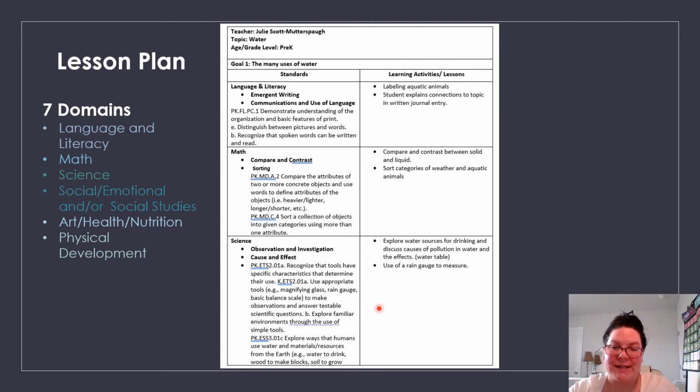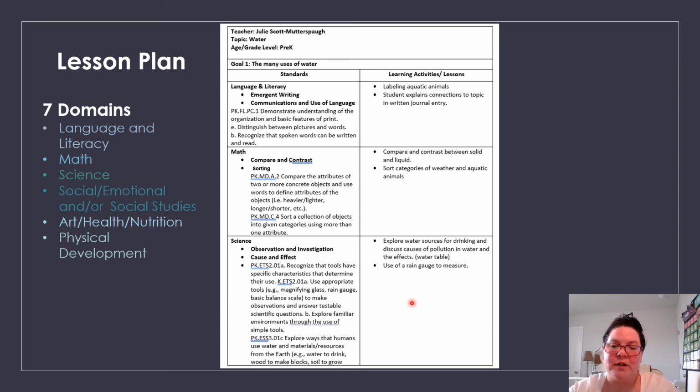And then we would move on to science. Part of science, our goals would be observation and investigation and cause and effect. So we would explore water sources for drinking. We'd already done that by actually going to the water treatment source, so we would continue to explore that. And we would explore the causes of pollution in our water and the effects that it has. We would use a water table for that and pour maybe some dirt into it to see what the dirt makes it look like, and just put some different things in it and talk about how that can affect our drinking water.